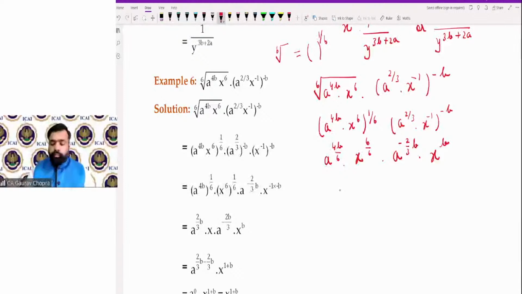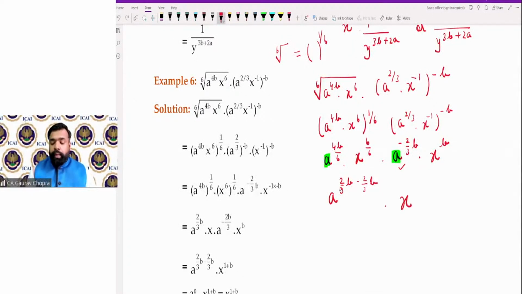All right. Now what we have to do, take the common base together. So a and a will be taken together. So it will be a to the power of. Can we cancel 4 upon 6? Yes, it can be cancelled and it will be written as 2 by 3b. From here it is negative 2 by 3b. So it is 2 by 3b minus 2 by 3b.